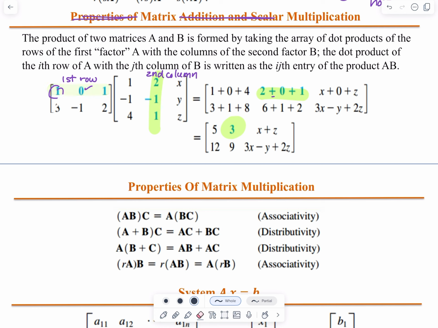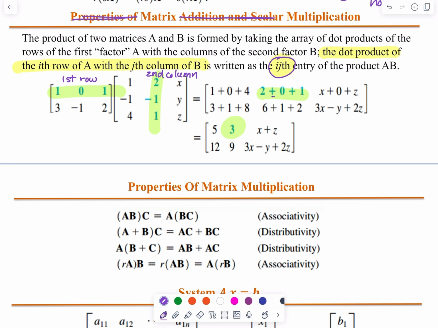Okay, so I'm going to highlight that. The dot product of the ith row of A with the jth column of B goes in the ijth entry.